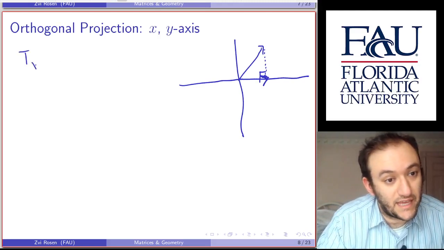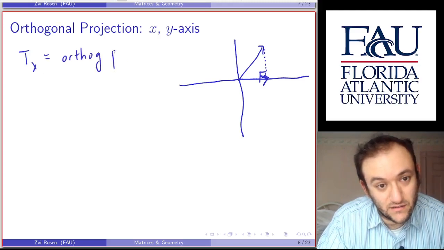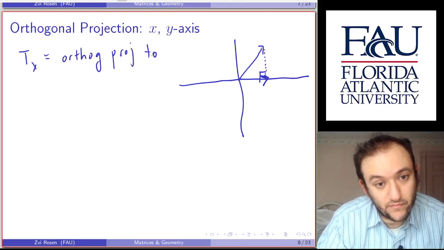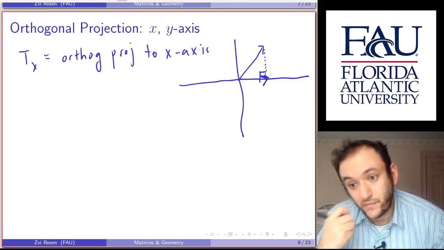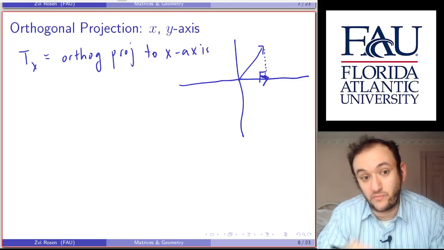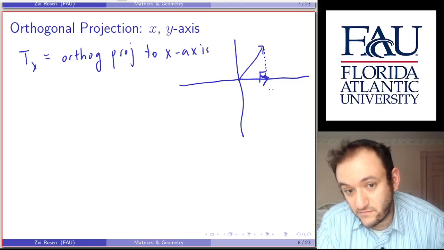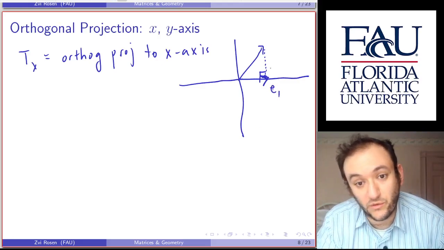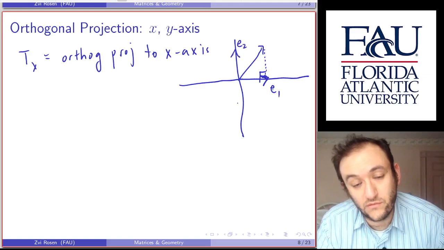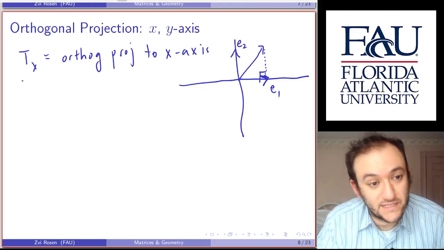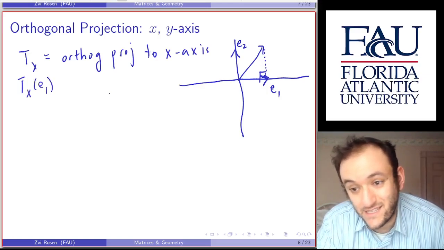So if we're doing Tx equals orthogonal projection to the x-axis, this is what it would look like. How can we compute the standard matrix for this? It's pretty straightforward. You apply it to the standard basis vectors the way you normally would, e1 and e2. When we take Tx of e1, because it's already on the x-axis, it stays the same.